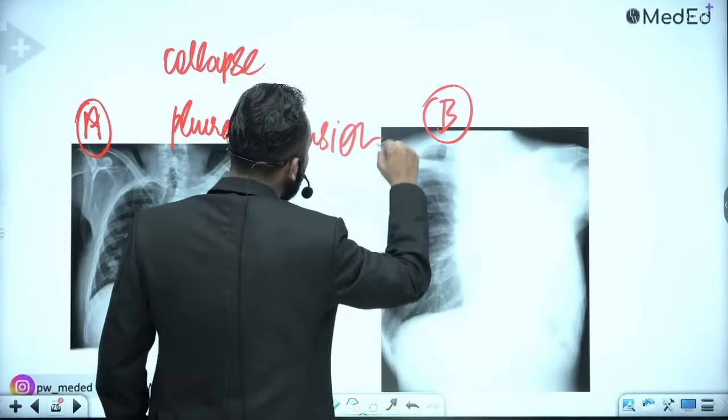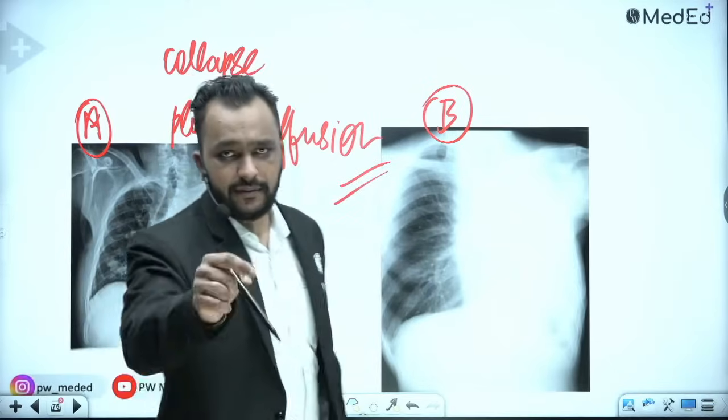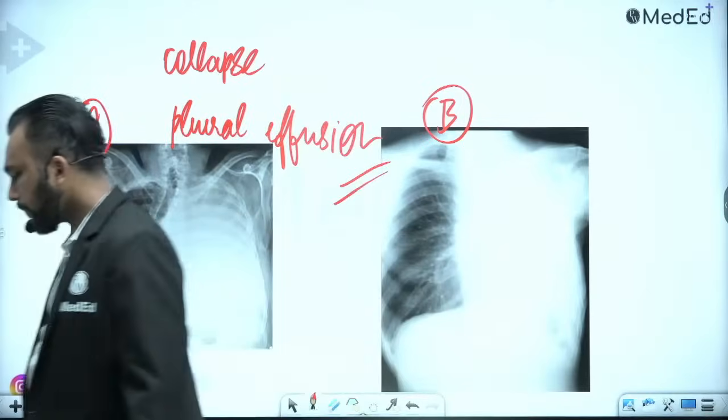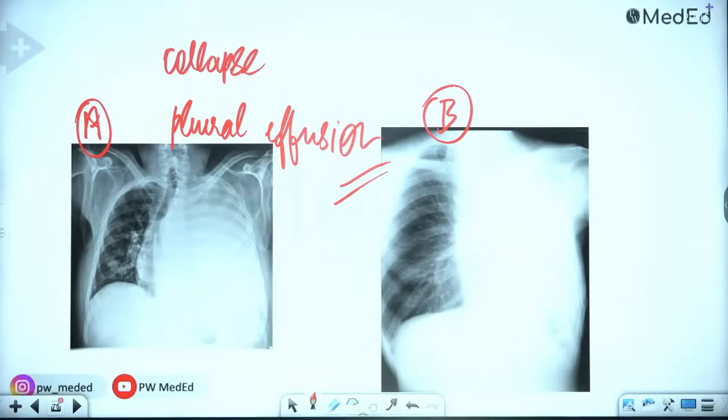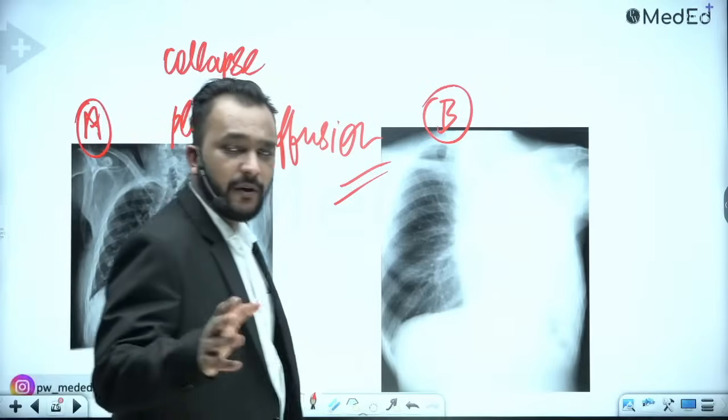Let me see who is able to answer this in the comment section, guys. You have to label the X-ray and tell me which one is a collapse and which one is pleural effusion. Come on, guys, tell me.